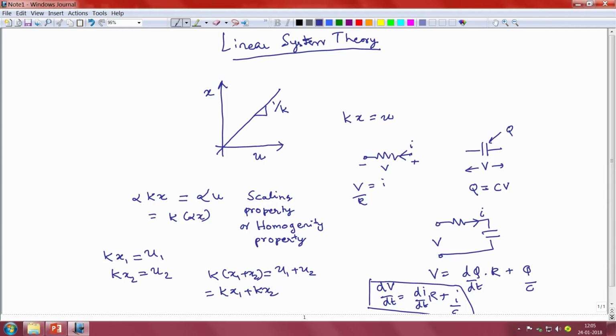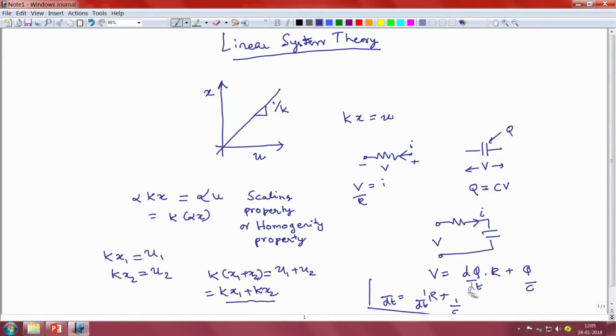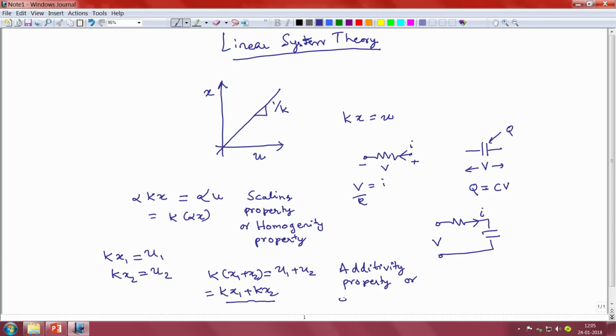And what this equation reveals is that when I apply two inputs to a system, the response of the system is a summation of the responses to the individual inputs, and this property we shall call the additivity property or the superposition property.